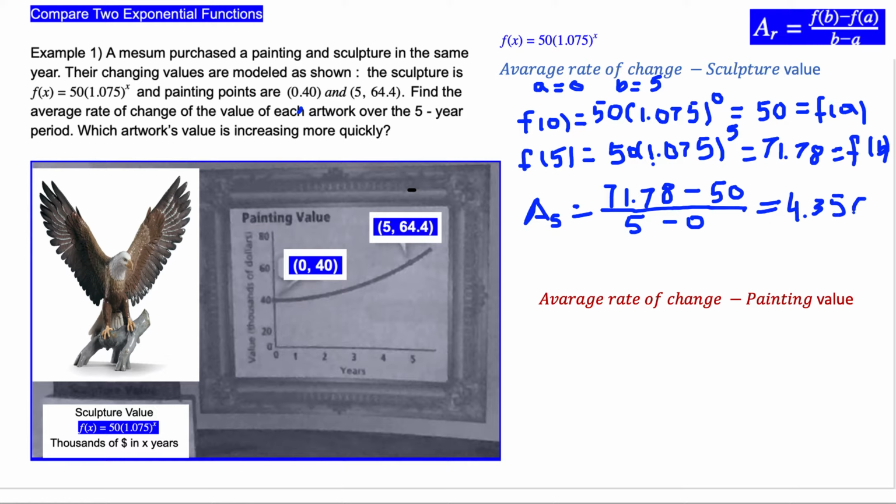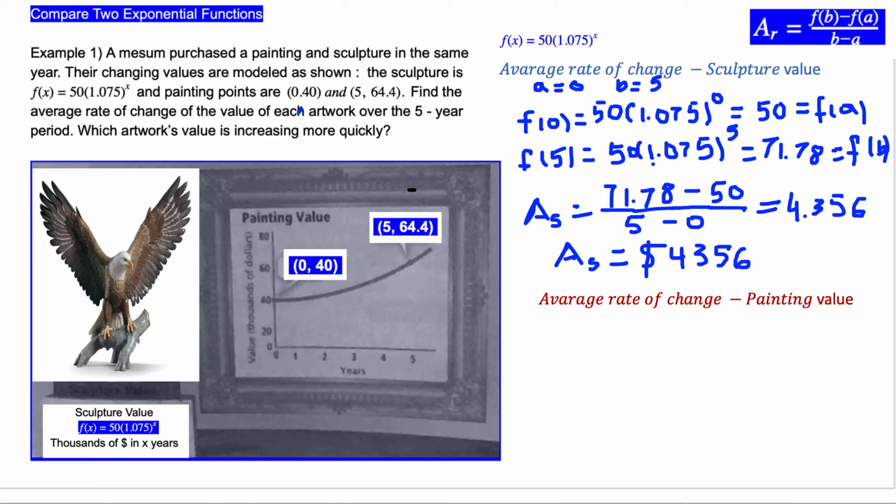As I said before, this 4 signifies thousands, so the average rate per year that the sculpture increased was $4,356 per year.